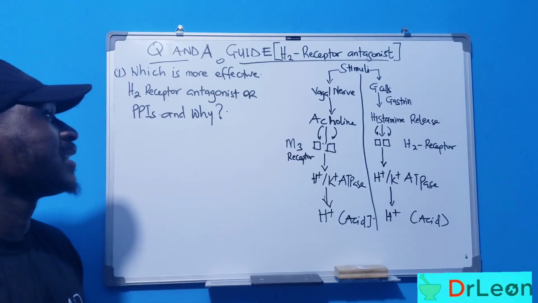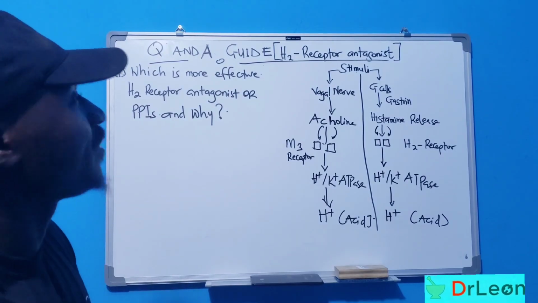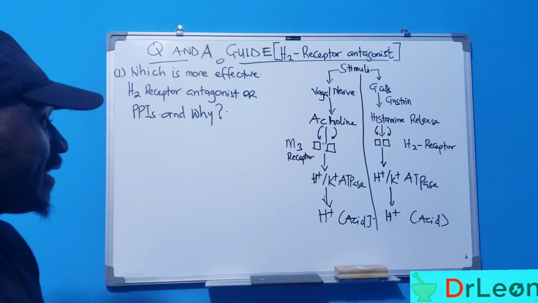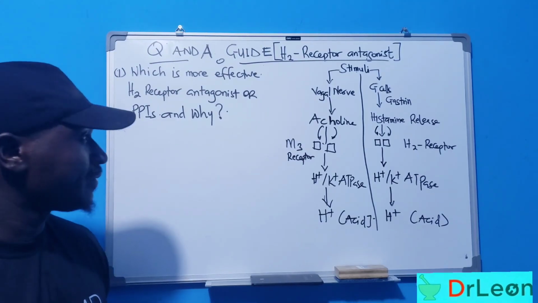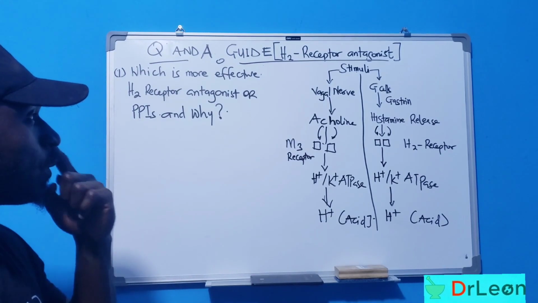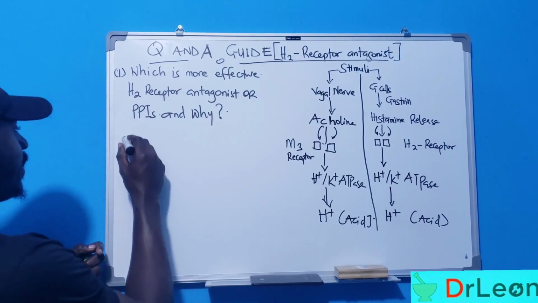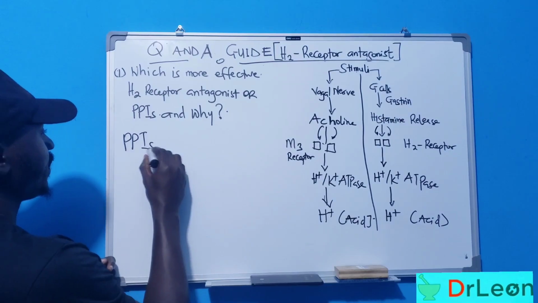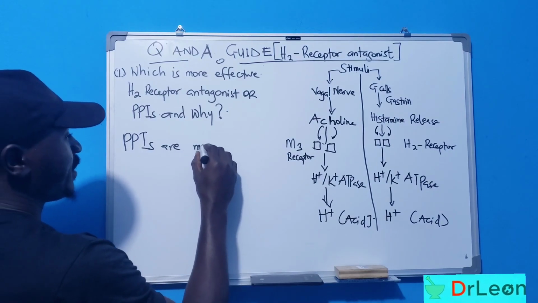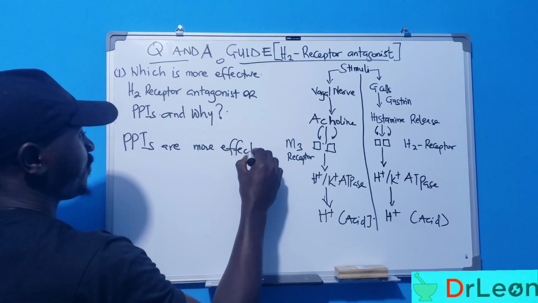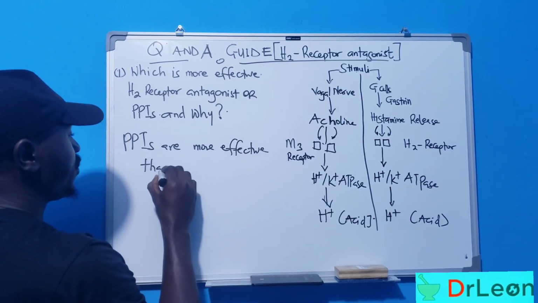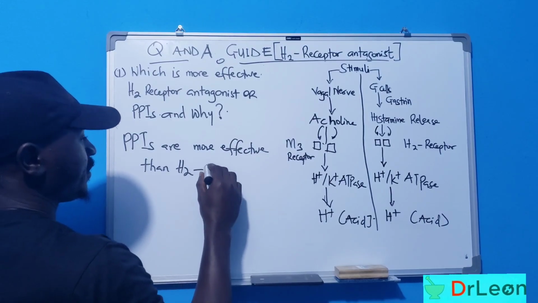Between the H2 receptor antagonist and PPI, which one is more effective for acid suppression and then why? Alright, so first of all, the PPIs are more effective than the H2 receptor antagonist.